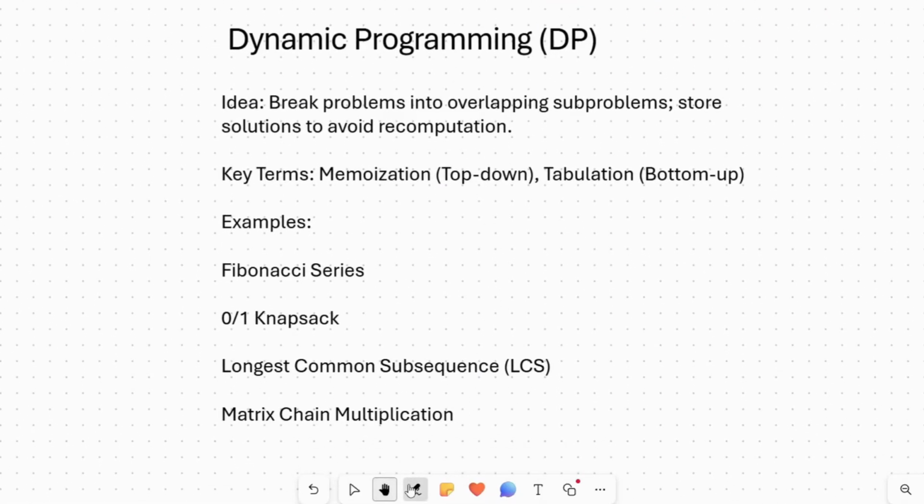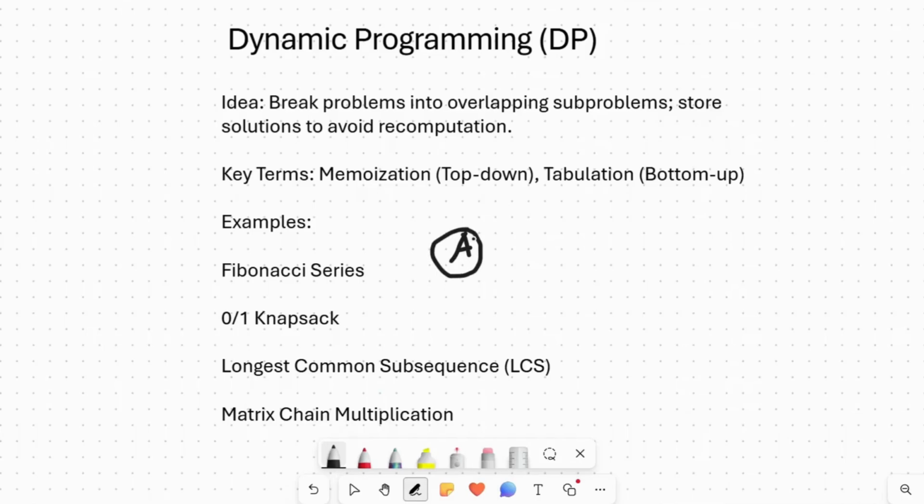Now let's talk about dynamic programming. Break problem into overlapping subproblems, store solutions to avoid recomputation: memoization, tabulation. Let's take the same example which we talked about in greedy algorithm.